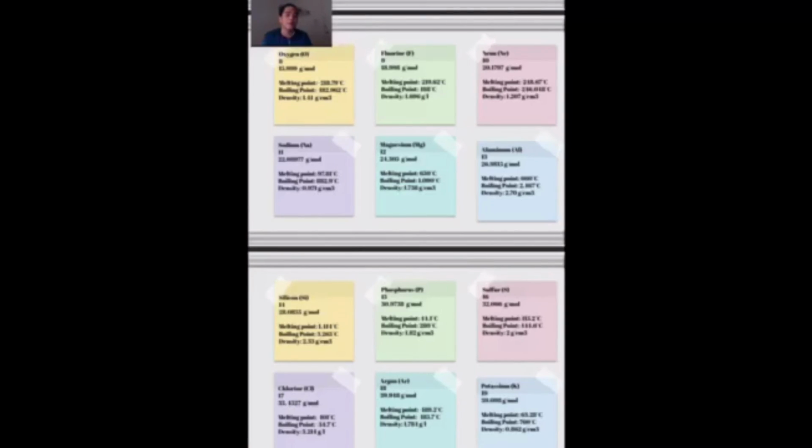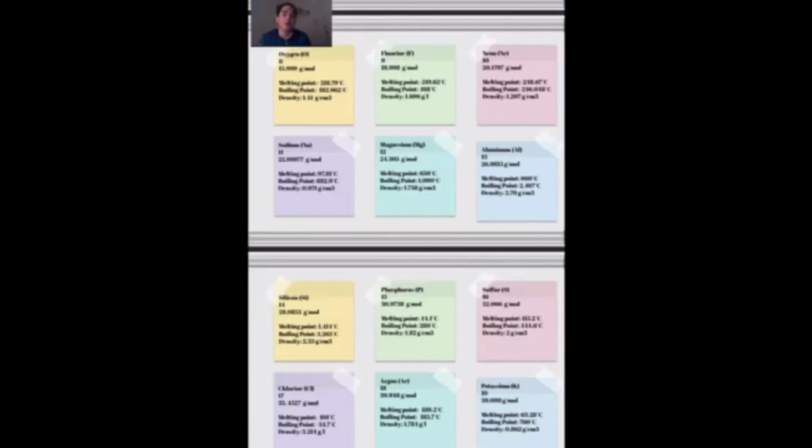Argon, atomic number 18, atomic mass 39.948 grams per mole, melting point 109.2 degrees Celsius, boiling point 185.7 degrees Celsius, density 1.784 grams per mole.